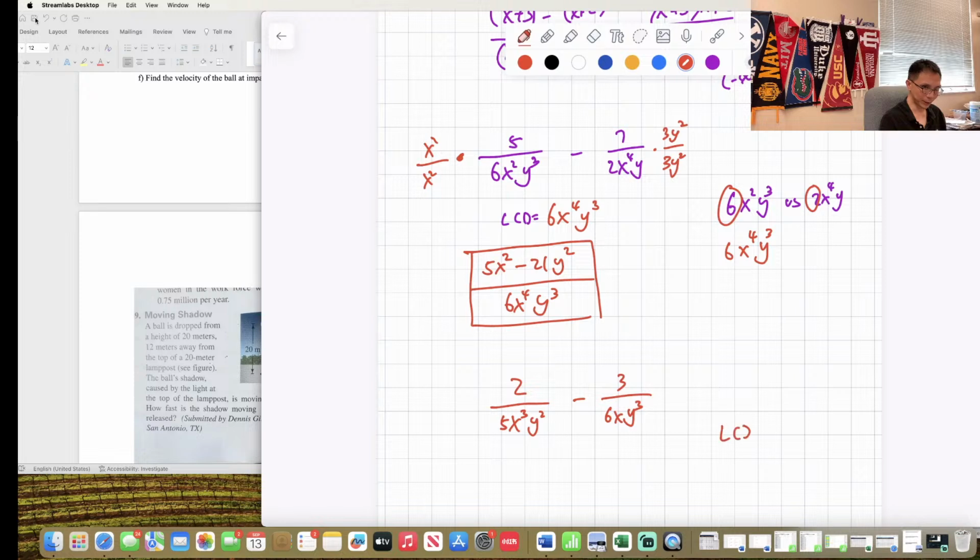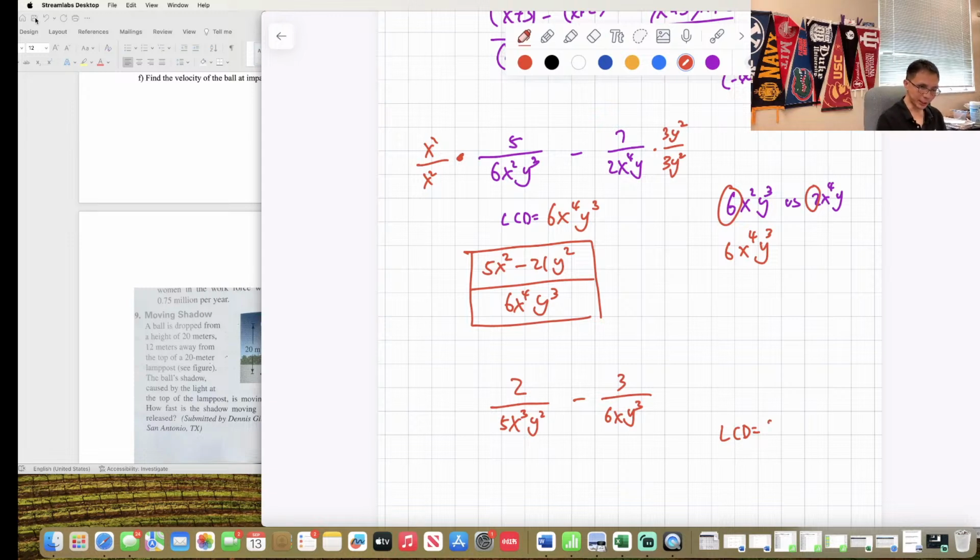So think about what the LCD is going to be first. Yes.